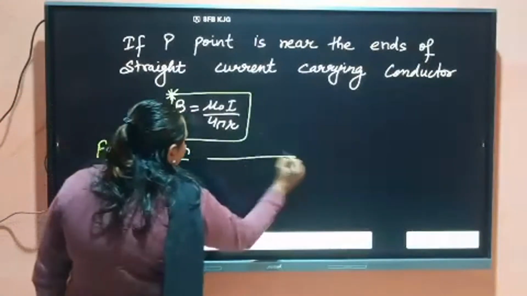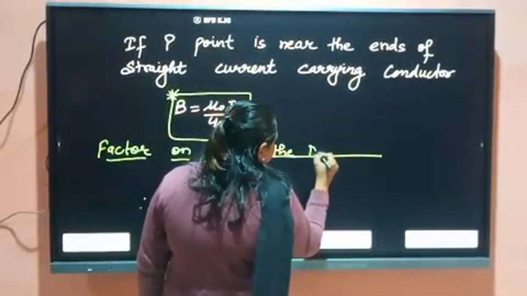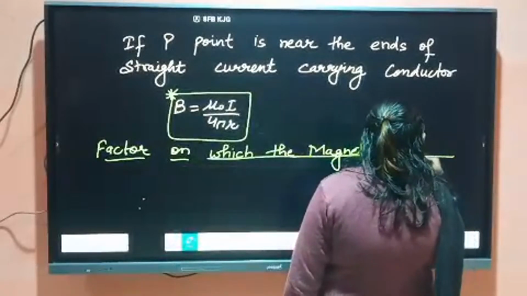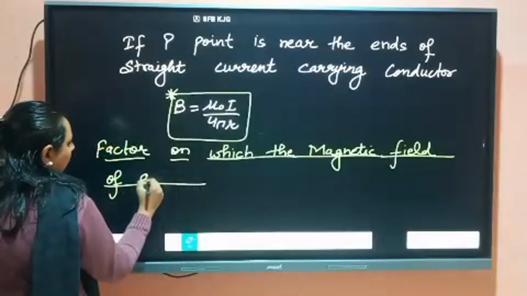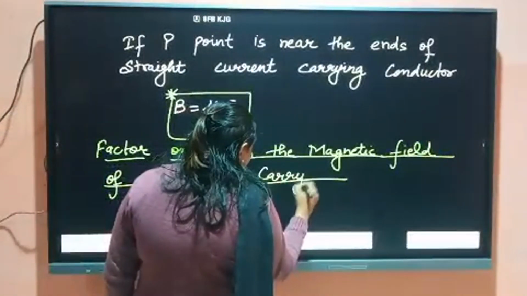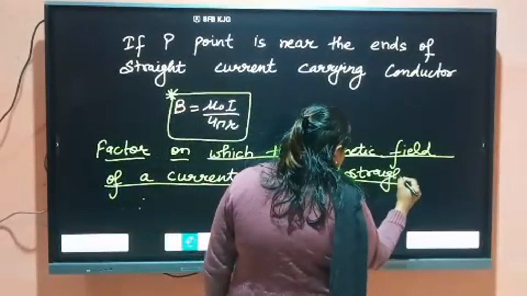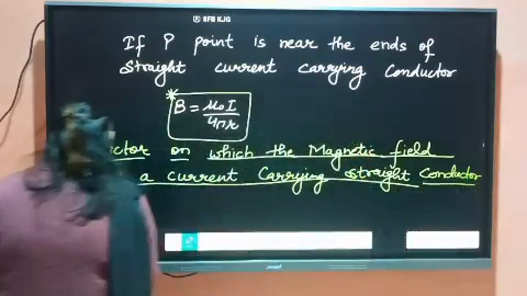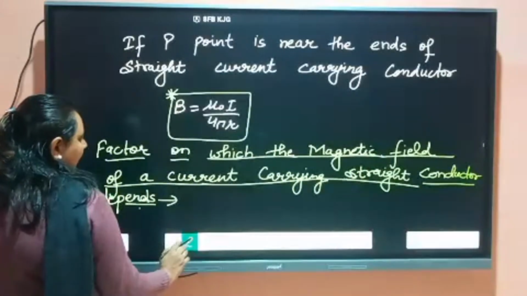Factors on which the magnetic field of a straight current carrying conductor depends.